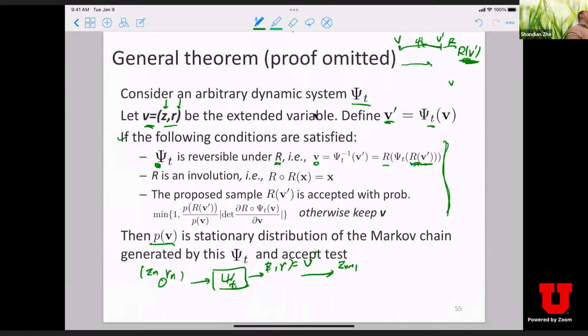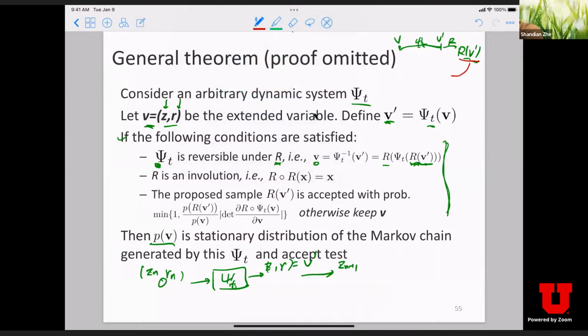Yeah, R in the Hamiltonian is just the negation of momentum. But of course, you're free to define whatever R you want. This is just to ensure reversibility, to ensure detailed balance.